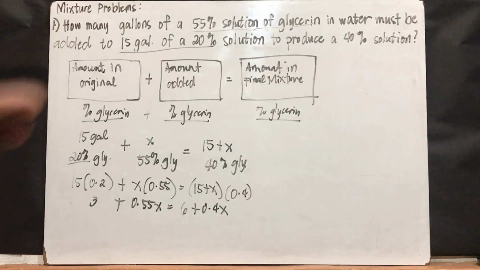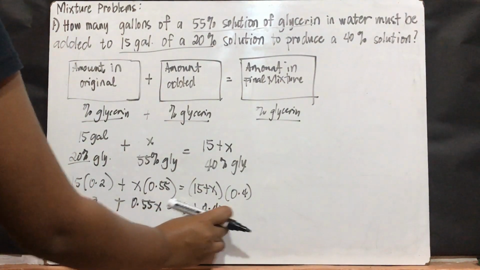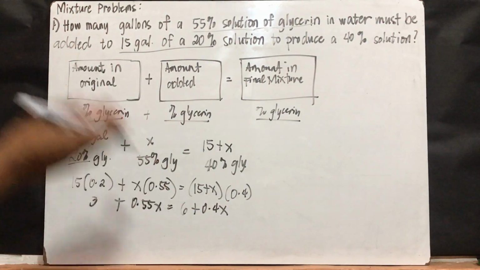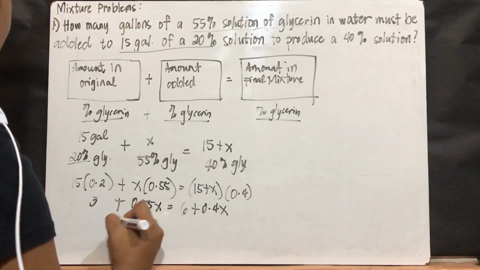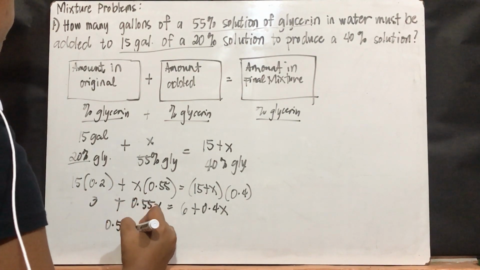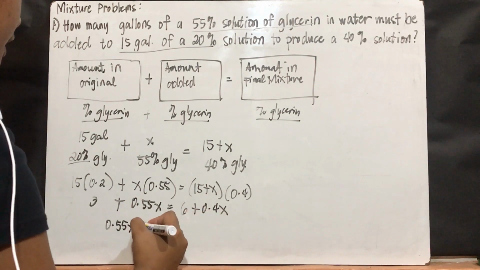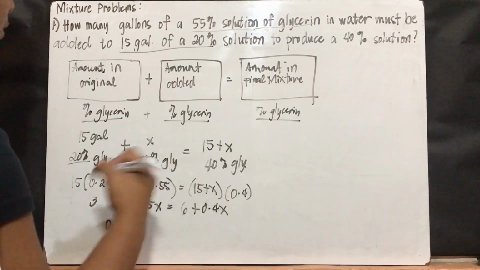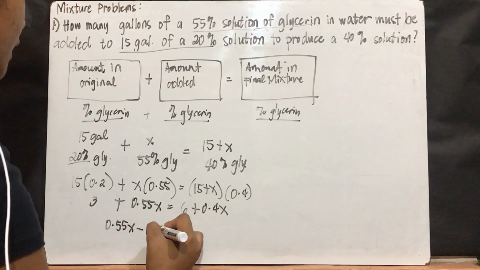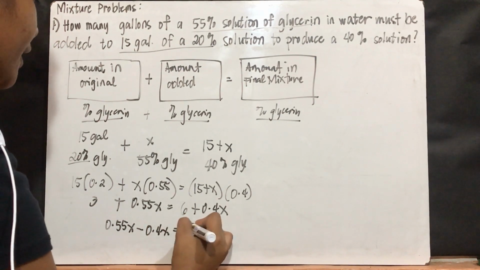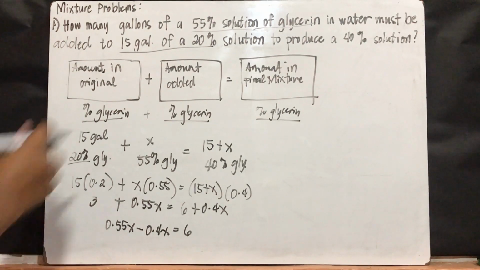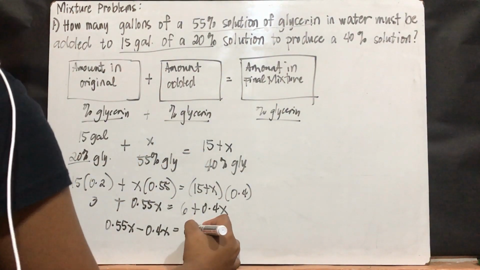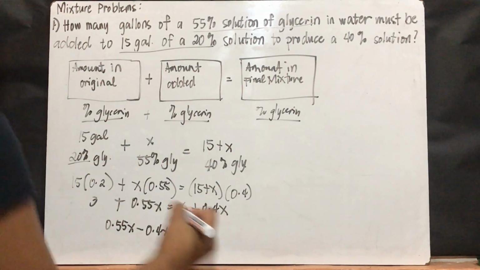Now, gaya na ginagawa natin sa mga past problems natin, i-isolate natin yung mga may unknown variable and ilagay natin sa left side of our equation. So, this will be equal to 0.55x, transposing positive 0.4x to the left side, that will be equal to negative 0.4x equal to 6, and then transposing our numerical value to the right side, that will be equal to negative 3.